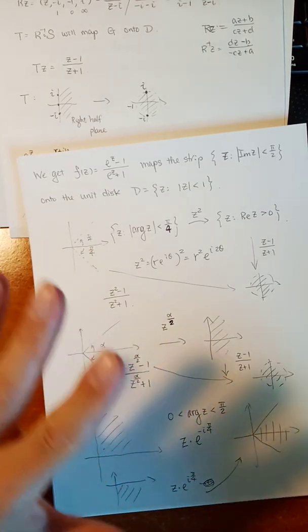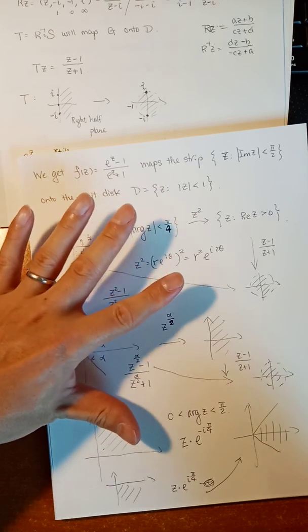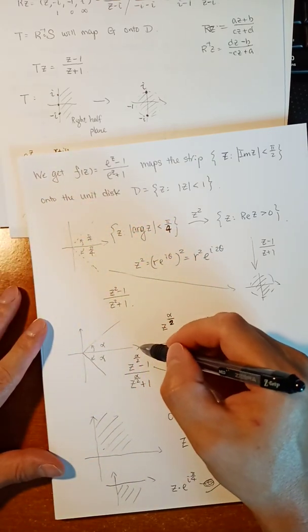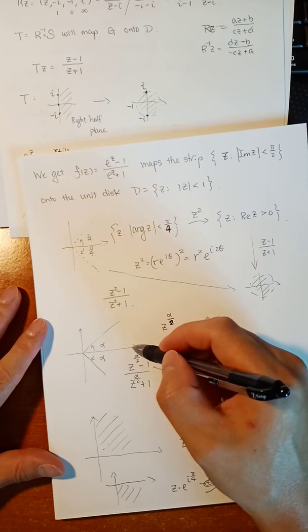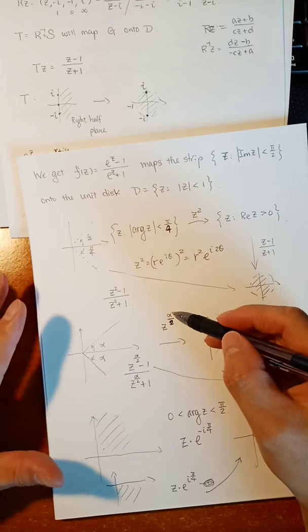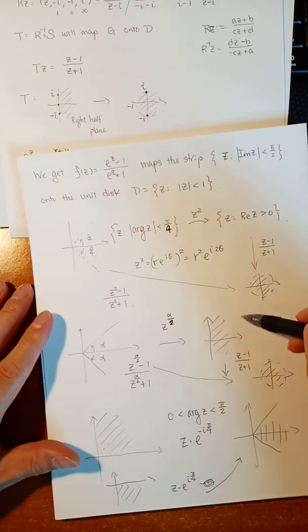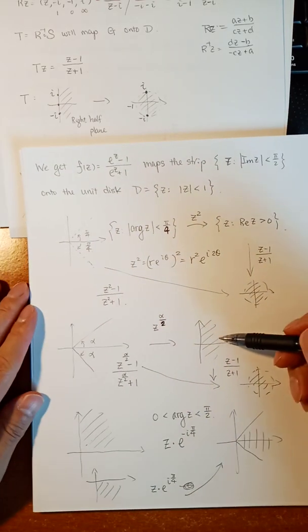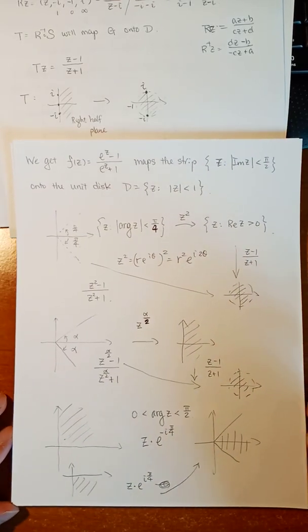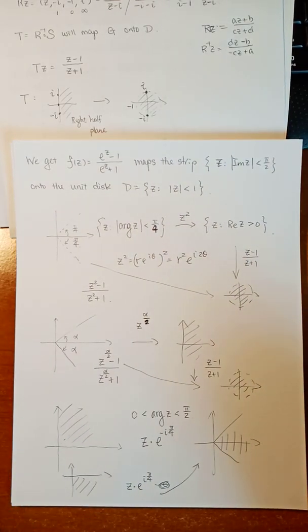Anyway, we try to rotate it so that the sector is symmetric with respect to the positive real axis, and then we choose a proper power function to make it exactly the right half plane and apply (z minus 1) over (z plus 1) to map it to the unit disk. So that's the general strategy for such problems.